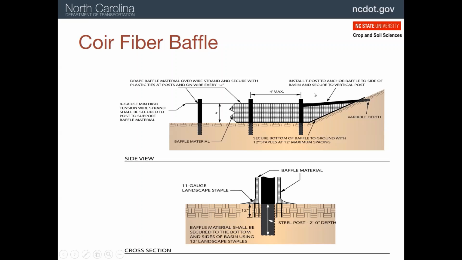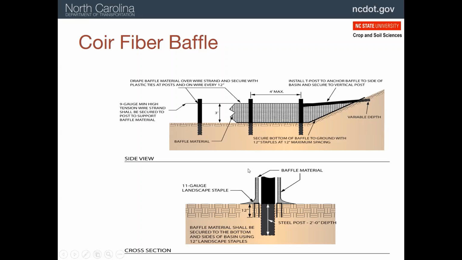A wire is run across those posts, and the fabric is then folded over that wire. We want to have about 3 feet of fabric as our baffle material. So remember, the fabric comes in a 6.5 foot roll.